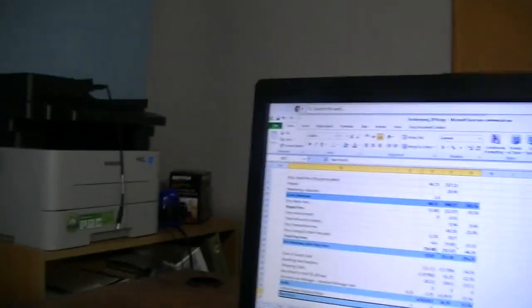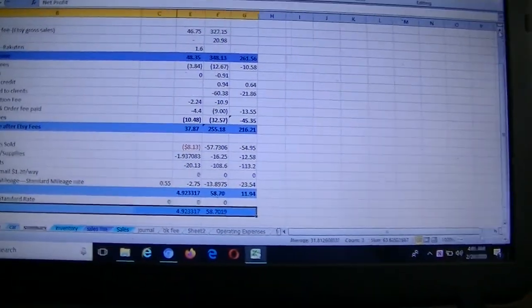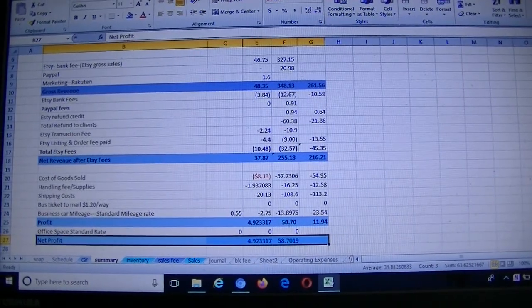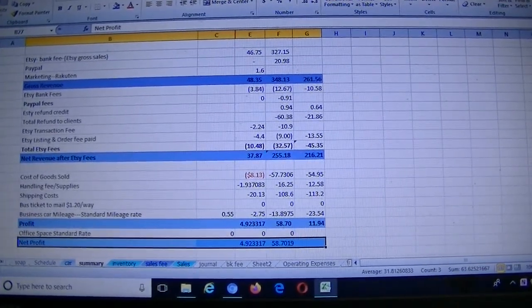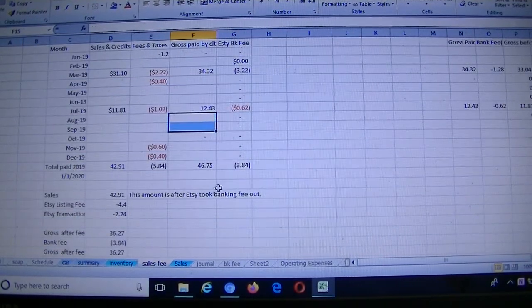So we have the spreadsheet open here. And first, before we get here, let's look a little bit at the sales.